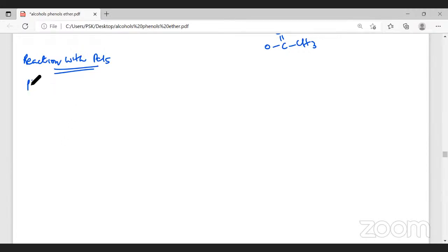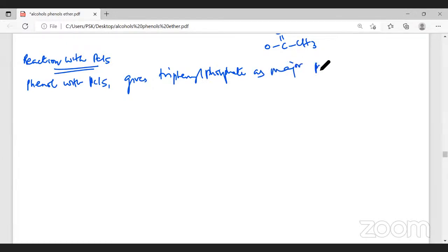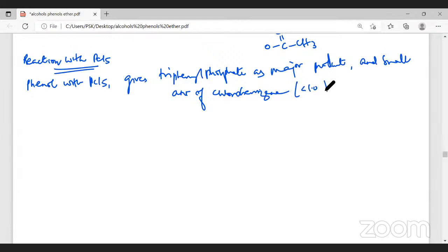So phenol with PCl5 gives triphenyl phosphate as the major product, and a small amount of chlorobenzene as a byproduct, a minor product. It is less than 1%.